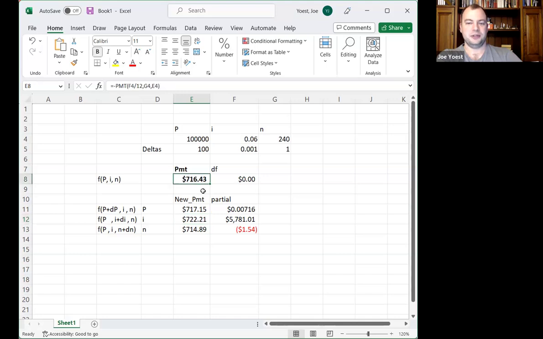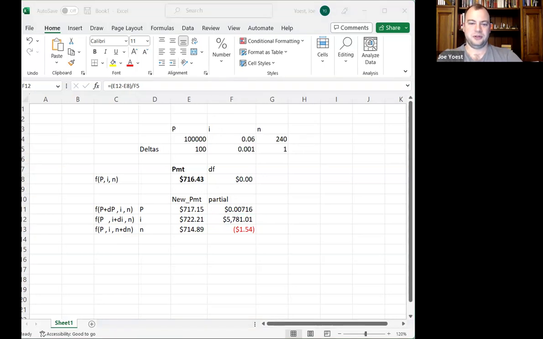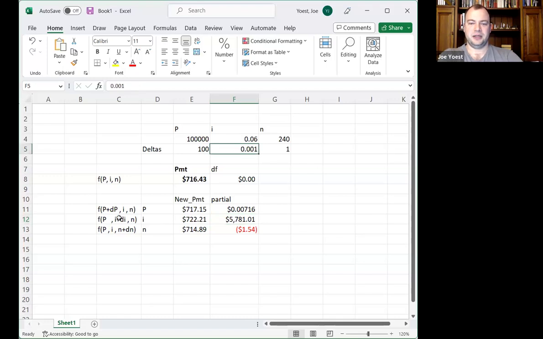I take the difference, divide by 0.001, and that gives me that $57.81. It's not exactly the number that we had over here, that was $57.69, but again, we're approximating the values here by taking basically a secant line approximation instead of a tangent line.